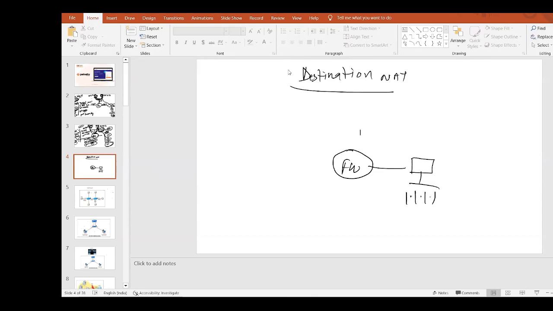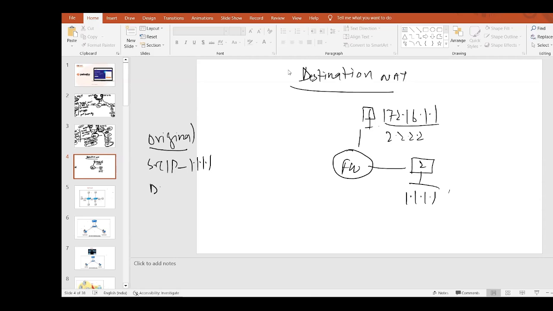I have one PC with IP 172.16.1.1, and I have assigned one public IP, 2.2.2.2. Whenever this becomes a source, what will be my original packet? Source IP would be the same 1.1.1.1, destination IP would be 2.2.2.2. Port number would be anything.